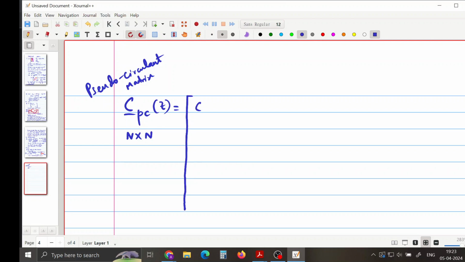So C naught, C1, I'm drawing column wise, C2, so on till C mu. So C naught till C mu means mu plus 1 channel taps. And the next column would be the shift.